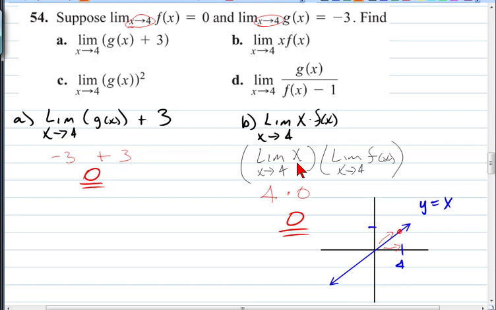It was x times f of x. I don't know the function f of x, but I know what the graph of x looks like. So that's the function right there. See, this is another one function times another function. I had to just look at this and figure out that the limit as x approached 4 of x was going to be 4. The limits as x approaches 4 of f of x and g of x, I know because they were given. This one I had to figure out.